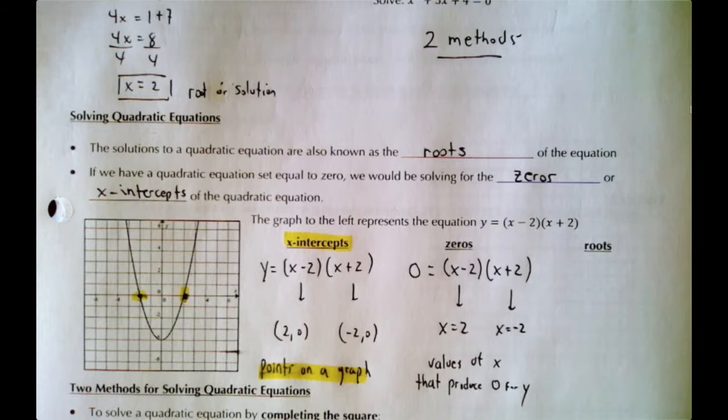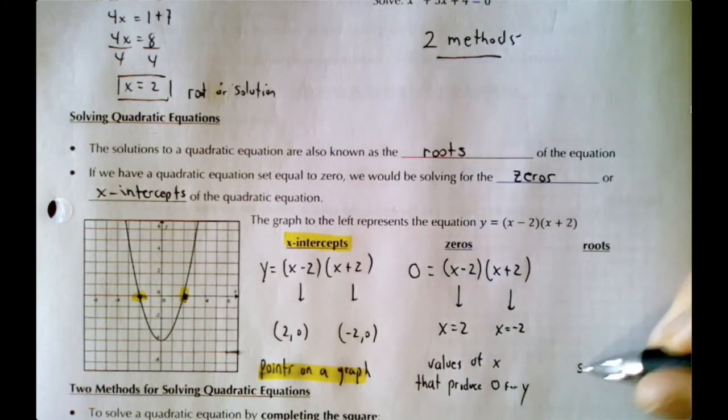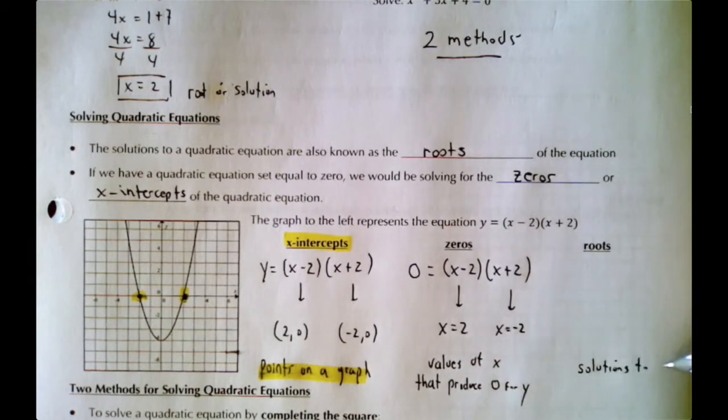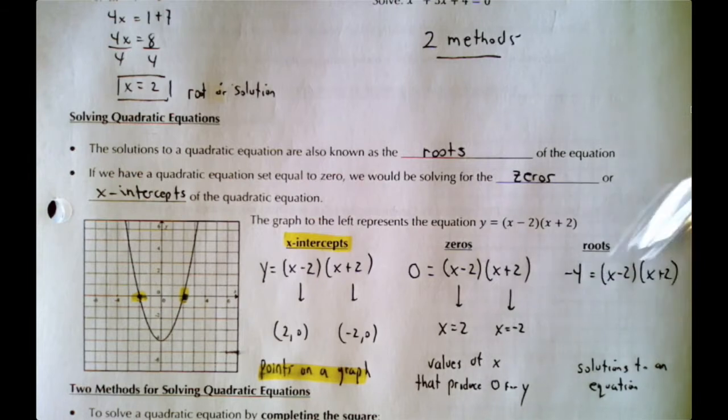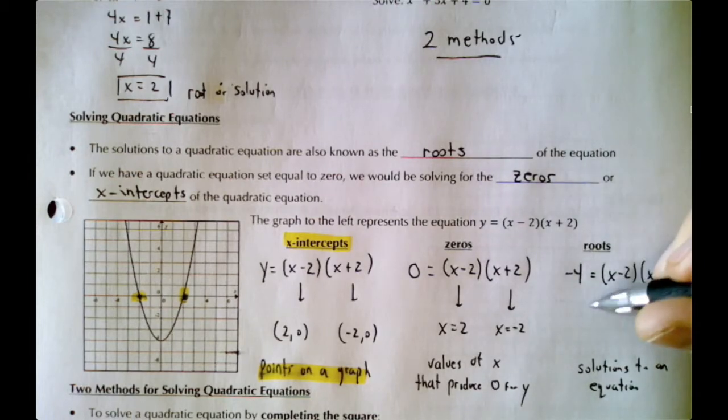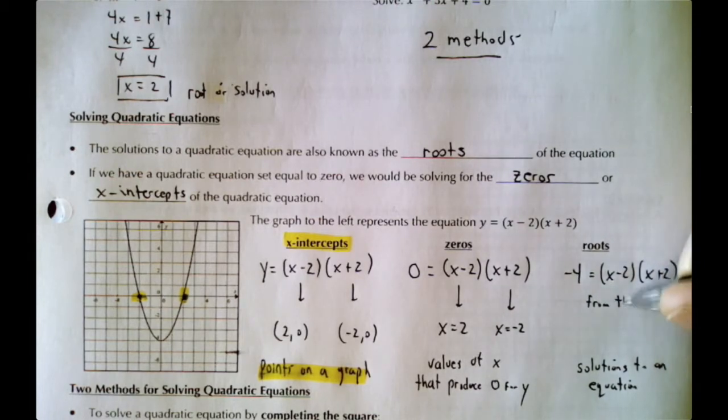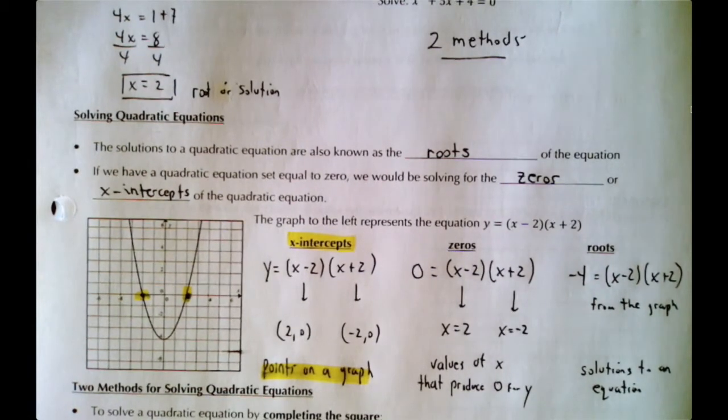And finally, roots are solutions to an equation. So for example, if we wanted to solve the equation x minus 2 times x plus 2 equal to negative 4, from the graph, where does our parabola equal negative 4?